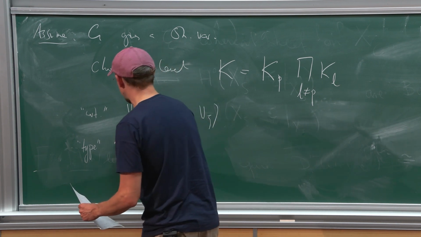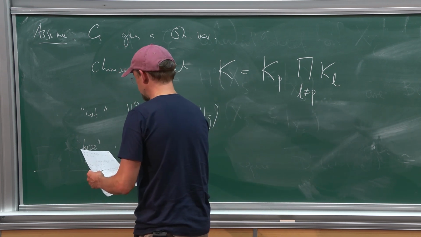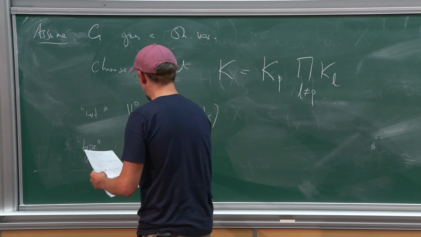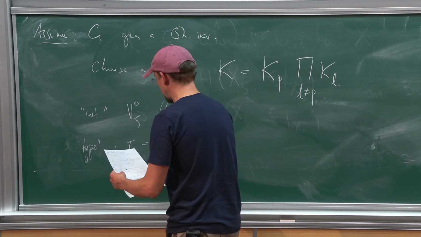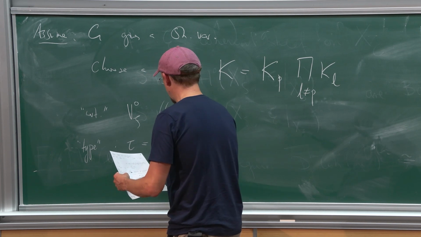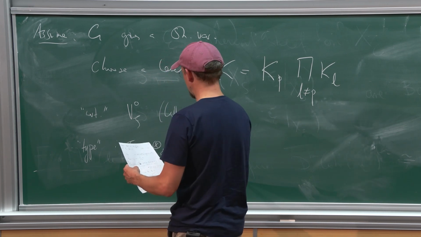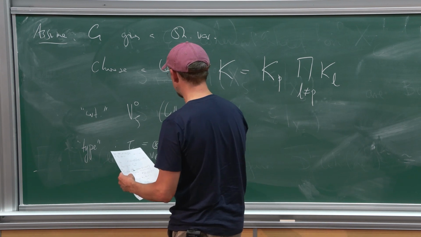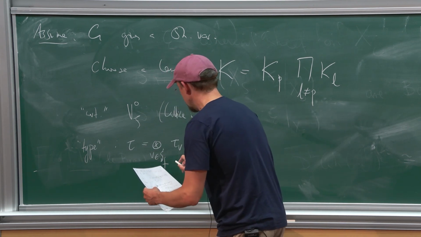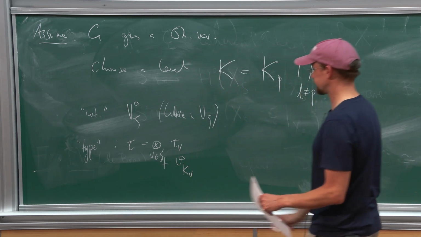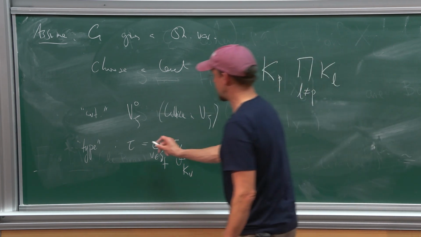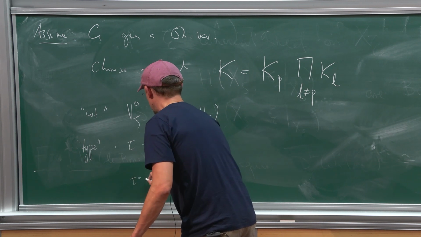What I mean by a type is just some tau, which is a tensor product over the finite primes v in S of tau_v, where this tau_v is a smooth representation of K_v. And maybe I should choose lattices too.